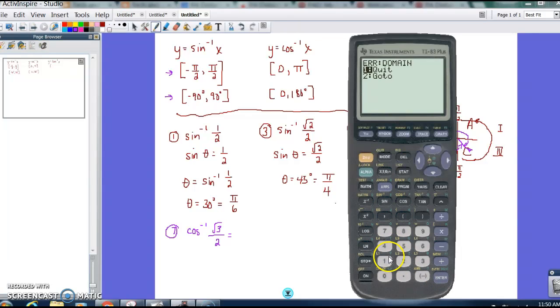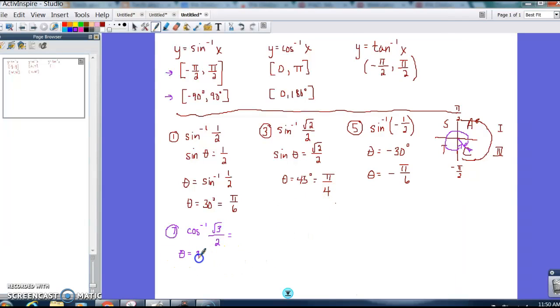Whoops, hold on. I think I entered it in wrong. Okay, let me redo that. So inverse cosine of root 3, have to close the parentheses before I hit the division symbol, divided by 2. And that gives me an angle of 30 degrees. So in this case, theta is 30 degrees. In radians, that would be pi over 6.